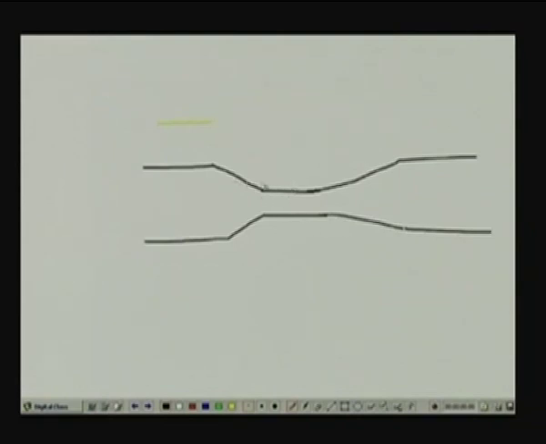I am talking of this angle: this angle is 20 degrees in the case of the venturi, and this angle should be 7 degrees. In fact, you will find that there are basically two types of venturi.